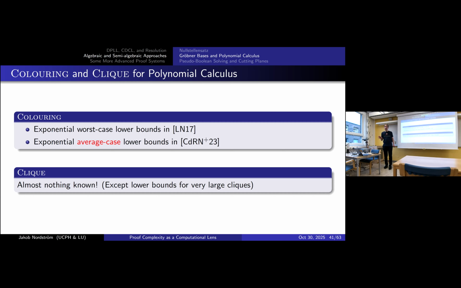What I'm basically saying is that we believe in general that solving K-clique with any type of algorithm should require time essentially n to the k, but we cannot rule out that maybe Gröbner basis algorithms solve the K-clique problem for moderately large K in linear time. Of course, we don't think that is the case, but we cannot rule that out.